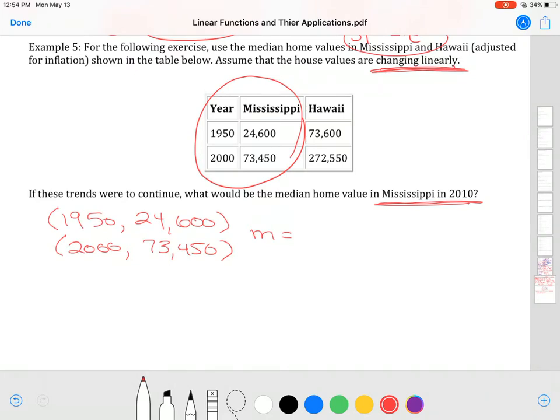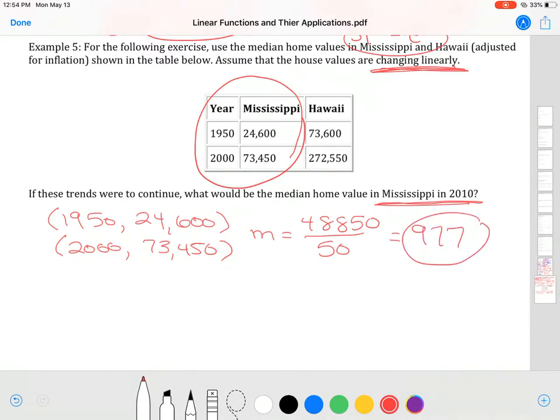I'm going to take 73,450 and subtract 24,600. My change in y is going to be 48,850. Then I'm going to take my change in x. 2000 minus 1950 would be 50. So then I'm going to divide that by 50, and I'm going to get 977.